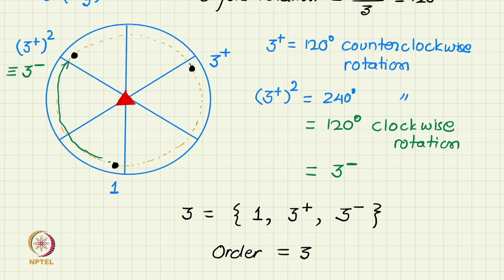Here the situation is slightly better because the group 3 has no superscript, whereas the operations 3 plus and 3 minus have the plus and minus subscripts. So, here there is less chance of any confusion. These are the operations.